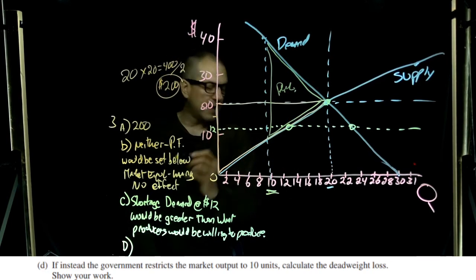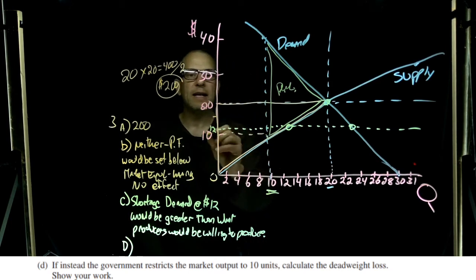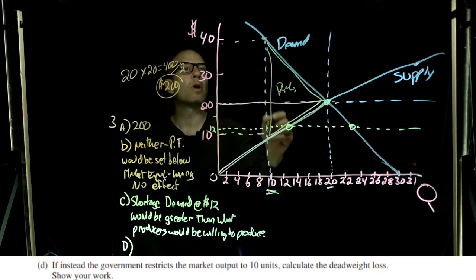So according to the chart here, that would be 10 and 40.